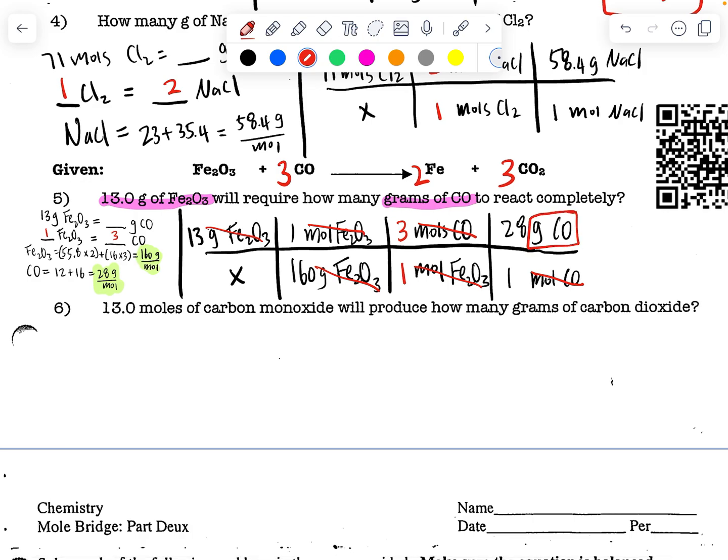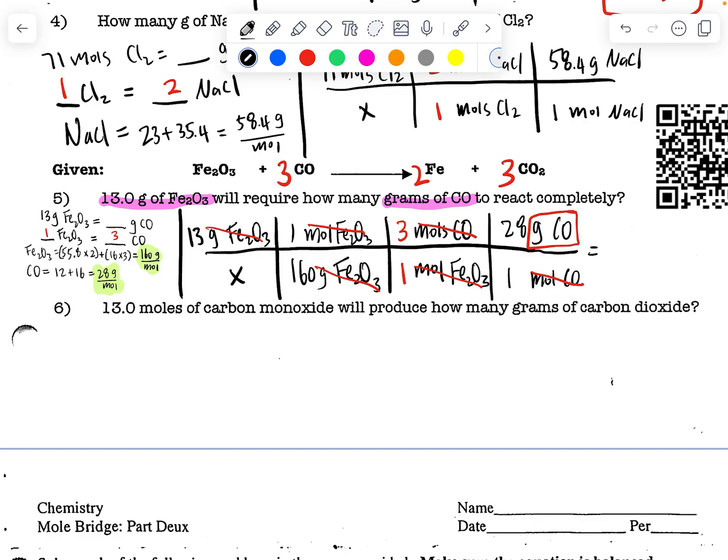Is that what we want? Yes. Back to your original question, how many grams of carbon monoxide. There, we have that. So let's go ahead and finally do the calculation. Multiply everything across. Multiply the numerators together and multiply the denominators together and divide those two numbers at the very end.